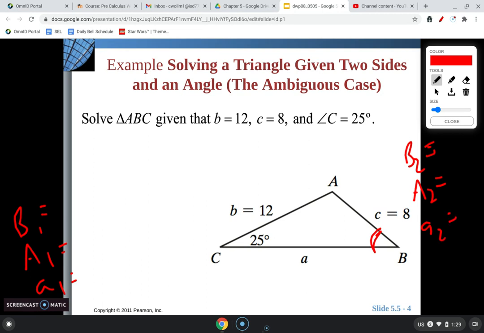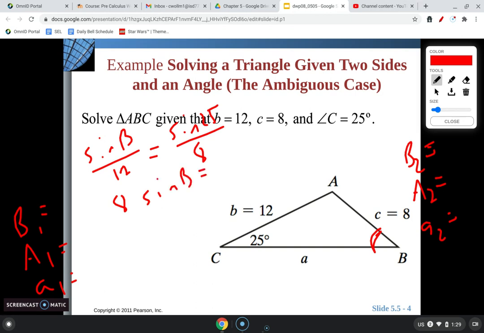All right, so let's set up to solve for big B first. So that would be sine big B over 12 equals, the only thing we know is C, so we go sine 25 over 8. Okay, so I'm going to cross multiply. I get 8 sine B equals 12 sine 25. Now remember, we're finding an angle, so our last step is to take the inverse. I suggest you leave this in your calculator.